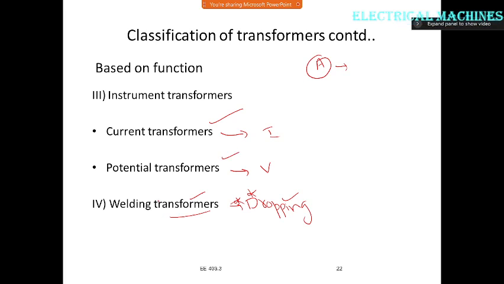Next we can see the welding transformer, which is used for arc welding purposes. If we are using a single phase supply, we see it outside mainly in electrical welding.